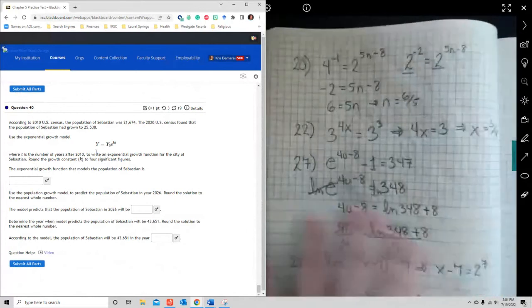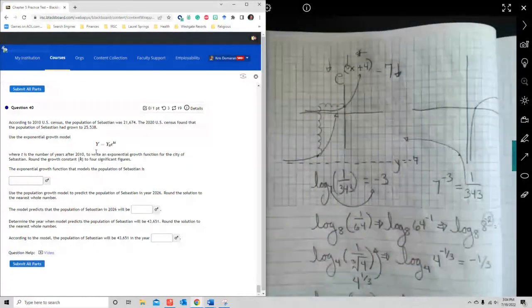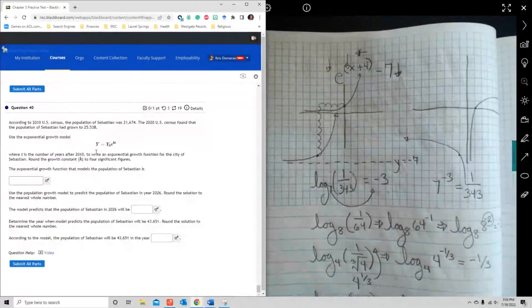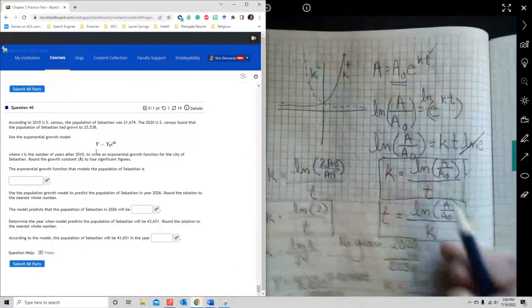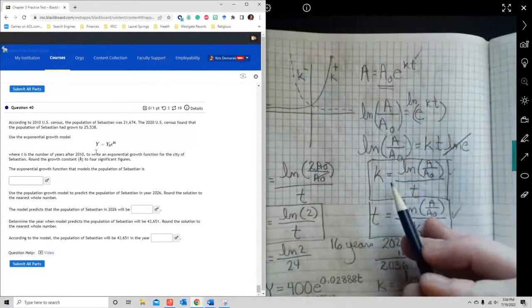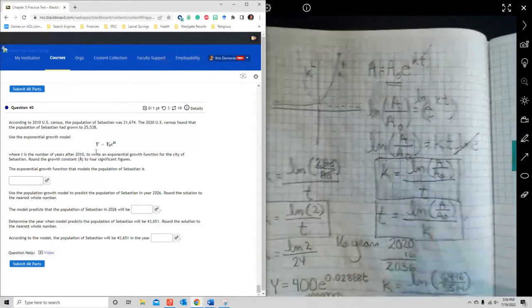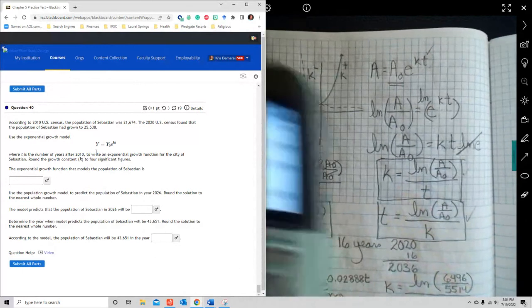In 2010, Sebastian had a population of 21,674. Then in 2020, it's 25,538. We need to use this equation to determine what the K value is.